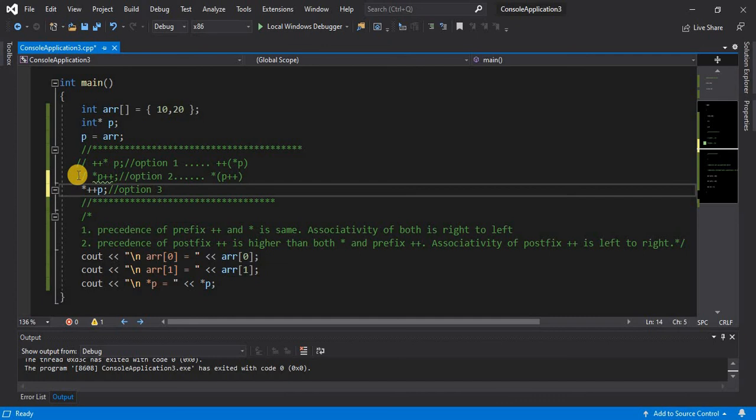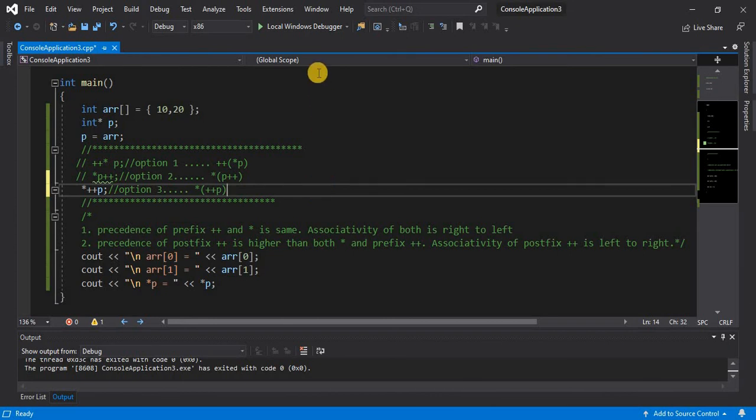So when we have two operators of the same precedence, then associativity comes into the picture. And the associativity here is right to left. Since it is right to left, this can be rewritten as *(++p).